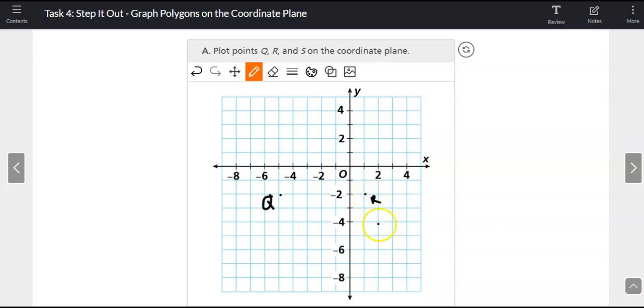So R. Then our last one they gave us is -2, 3. And this is S, which is a really bad S that I just drew. Let me rewrite my S. This is S. There you go. Much better.